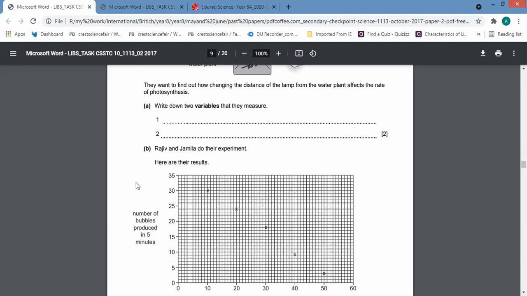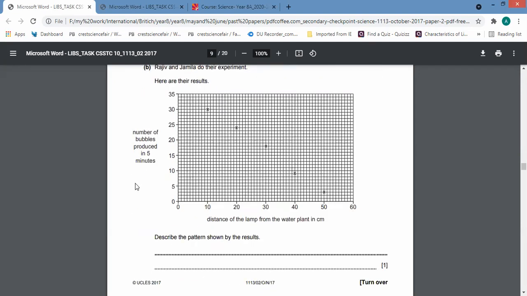Rajiv and Jamila do their experiment. Here are the results. Number of bubbles on the y-axis, distance on the x-axis. Describe the pattern shown by the results. Each time the distance increases, the number of bubbles decreases. Again, please. Each time the distance increases, the number of bubbles decreases. Yes.